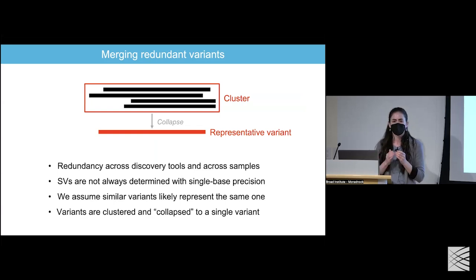So we might have highly overlapping variants that are not exactly the same. They don't share the same breakpoints, but we still want to merge them because they likely represent the same underlying structural variant. So what we do is we cluster those highly overlapping calls shown in black, and we collapse them into a single representative variant shown in red.